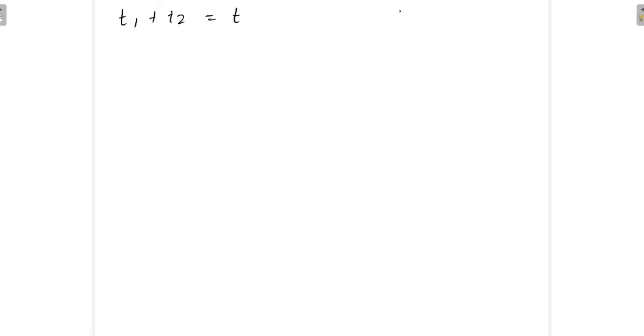We have acceleration a is equal to v2 minus v1 divided by the time interval, say t2 minus t1. So here the time interval is t1. Therefore this t1 is nothing but v2 minus v1 divided by acceleration.